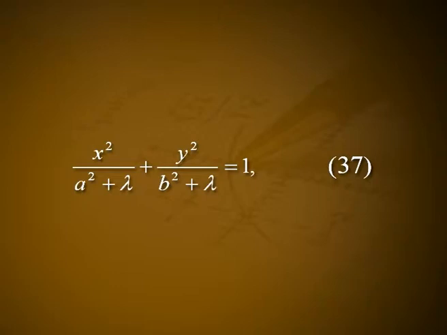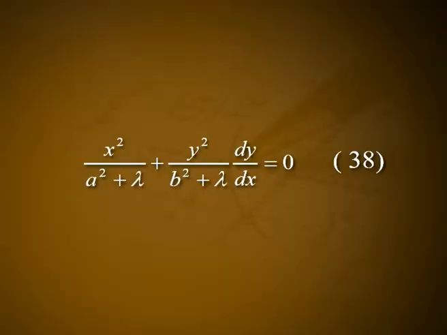Now, let us find the orthogonal trajectories of the family of confocal conics given by x square by (a square plus lambda) plus y square by (b square plus lambda) is equal to 1, where lambda is a parameter.